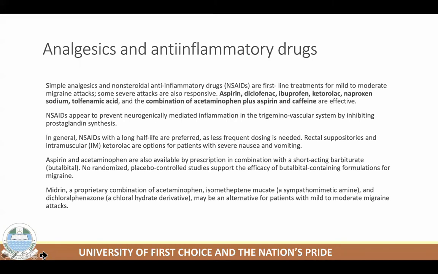That's the basic mechanism of action for NSAIDs, right? Inhibition of prostaglandin synthesis. In general, NSAIDs with a long half-life are preferred since dosing is less frequent, right? If the patient is vomiting, you can also use rectal suppositories.